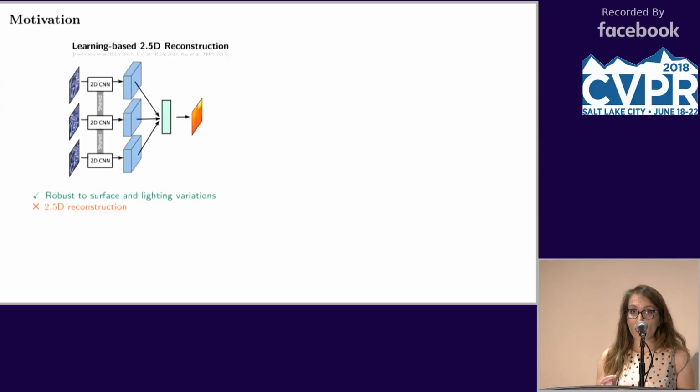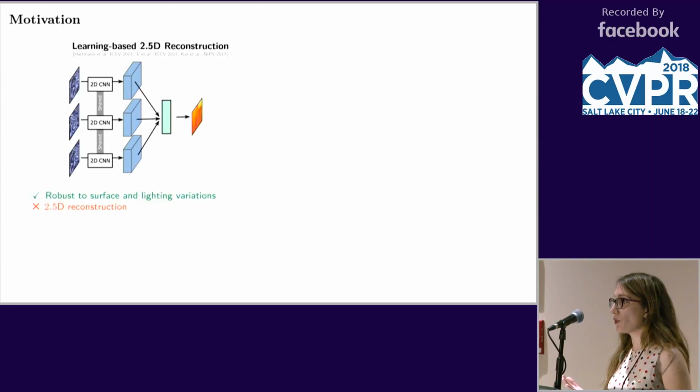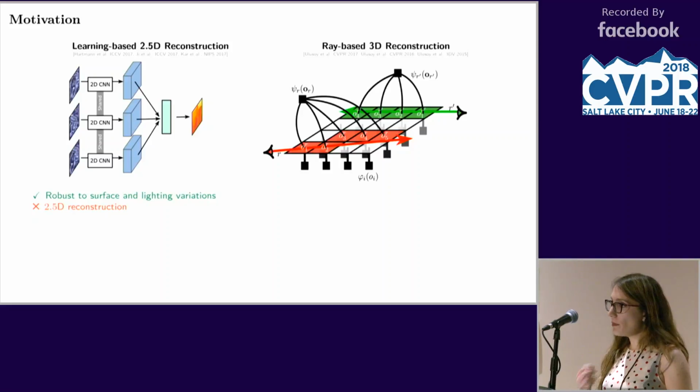While these approaches are able to learn robust feature representations against surface variations and different illumination conditions, they yield only 2.5D reconstructions. These depth maps need to be subsequently fused into full 3D models using various post-processing steps. On the contrary, ray-based 3D reconstruction methods allow for full 3D reconstruction by taking into account the image formation process.